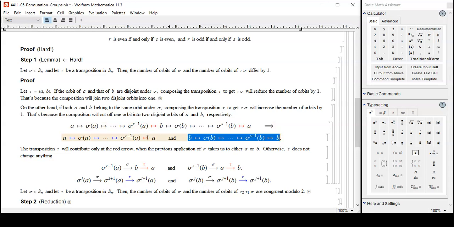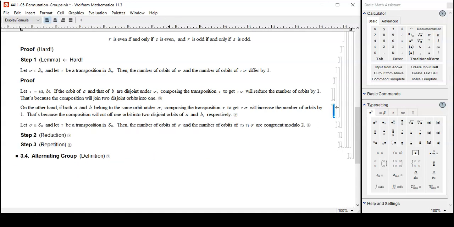So we have this, and then that one has two separate orbits. So number of orbits is increased by 1. You see, these big orbits were separated into 2. And then everything else, they're all unaffected because tau affects only A or B. So that's it. Either decrease by 1 or increase by 1.